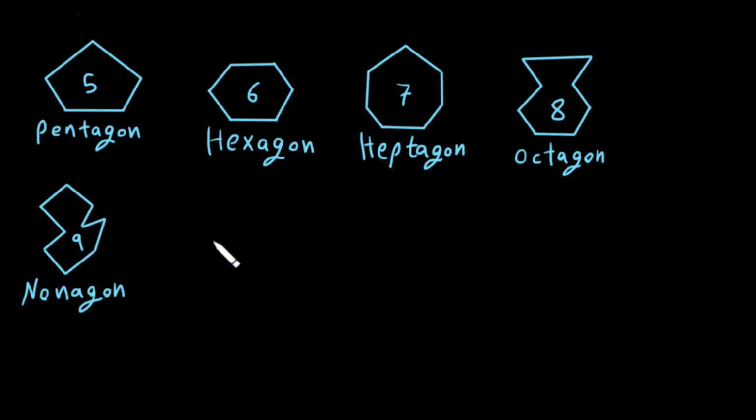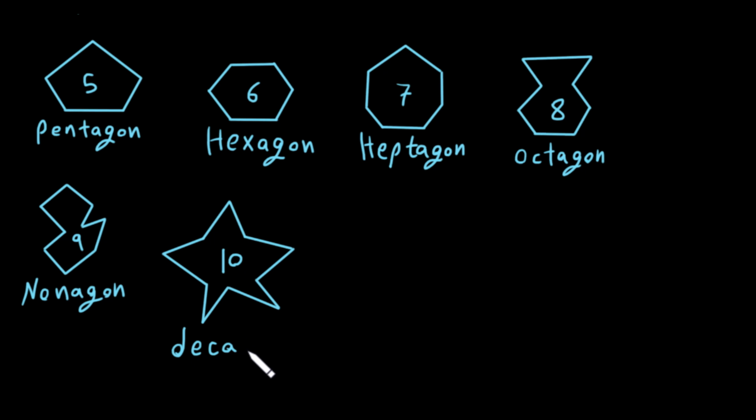If it's a 10-sided polygon like this, it's called a decagon. It has 10 sides, of course, and 10 angles. 1, 2, 3, 4, 5, 6, 7, 8, 9, 10.